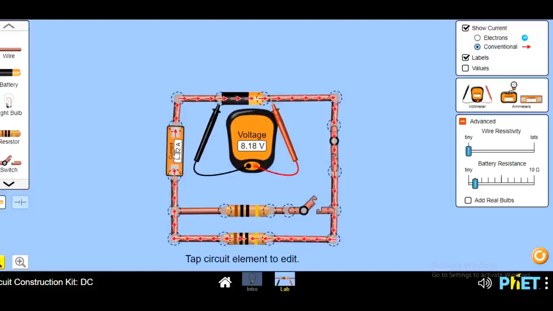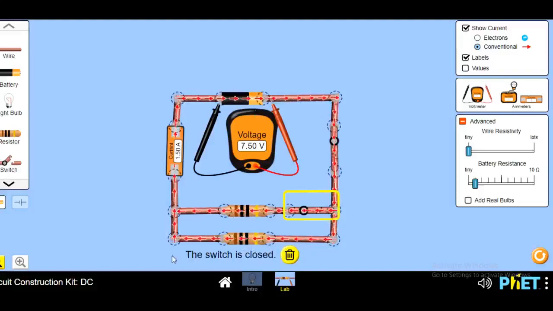Also note the current, which is now 0.82. If I close here, I now have a parallel connection. Notice that the current has increased from 0.82 to 1.5 amperes.